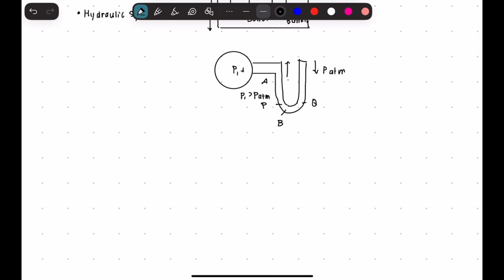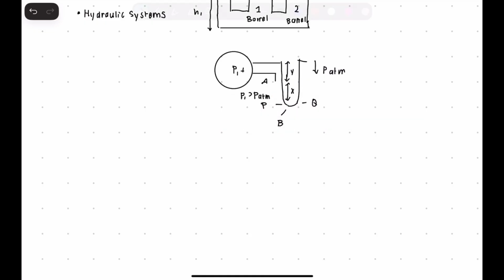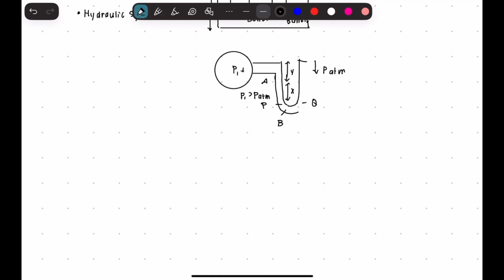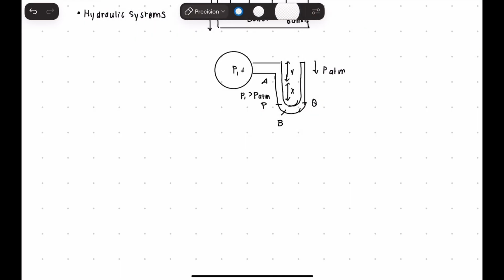And then this is the height of Y. This is the height of X. Let's make this a little more cohesive looking. And then let's fill this up to right here.